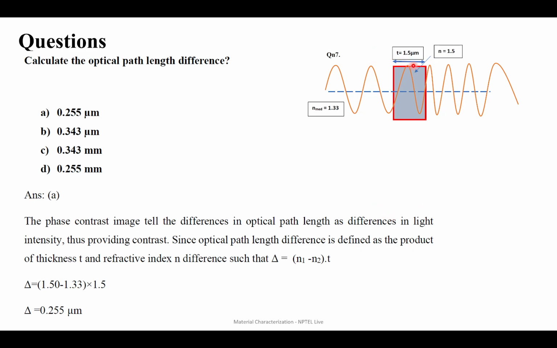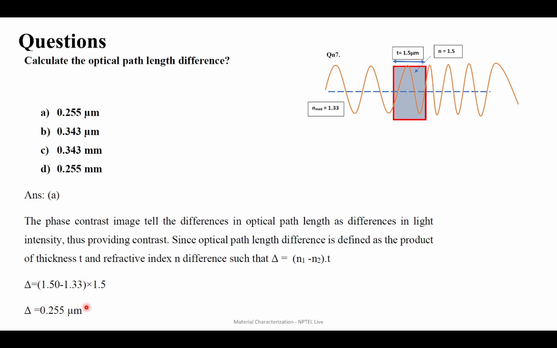So when you put a higher optical density object in the optical path, the light traveling through that medium will slow down, and hence it will create a path length difference, which is defined as the product of the thickness T of the medium and the refractive index difference, such that delta equals (n1 minus n2) into T. That would be 1.5 minus 1.33 into the thickness, which is 1.5 microns.